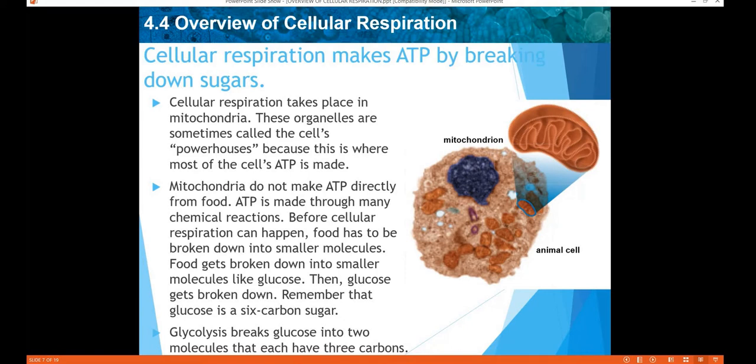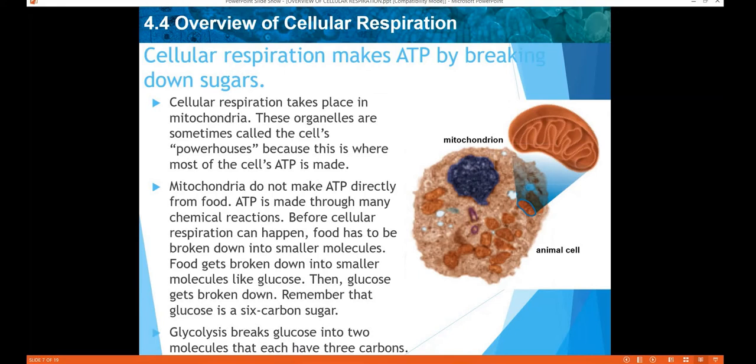This process of cellular respiration takes place in mitochondria, like photosynthesis takes place in the chloroplast of the plant cell. A mitochondrion cannot directly make ATP from food. First, foods are broken down into smaller molecules such as glucose.